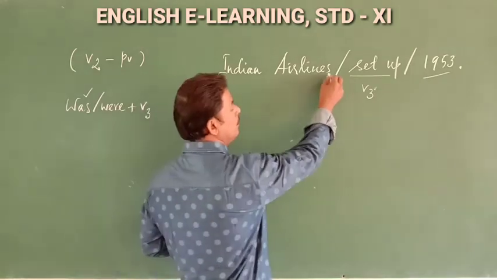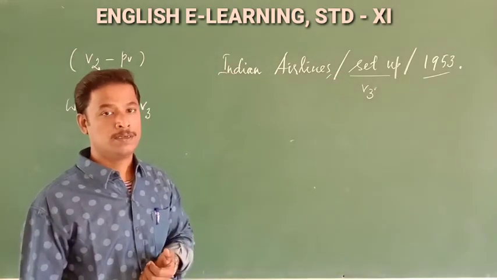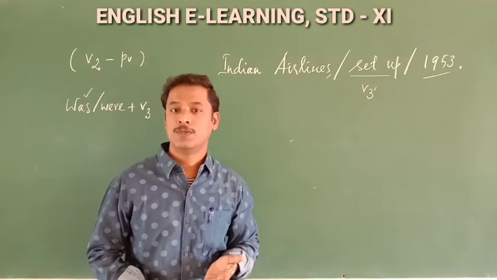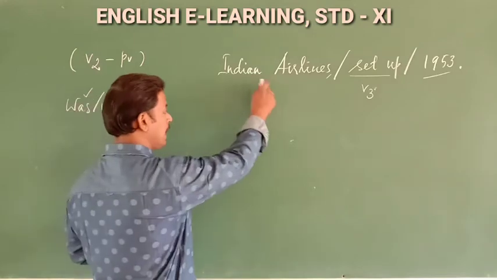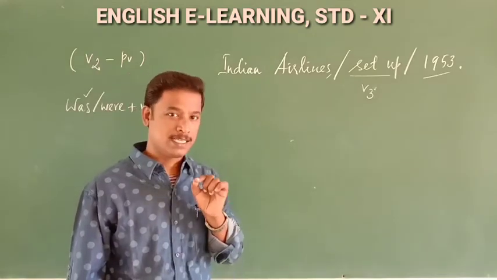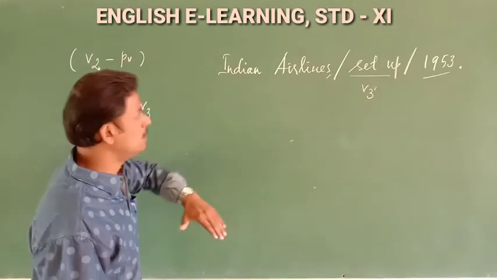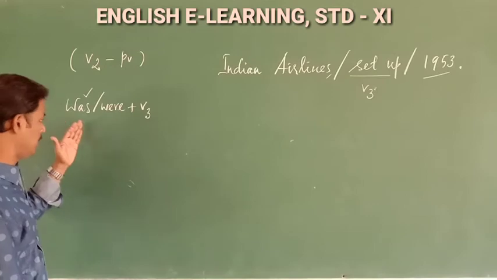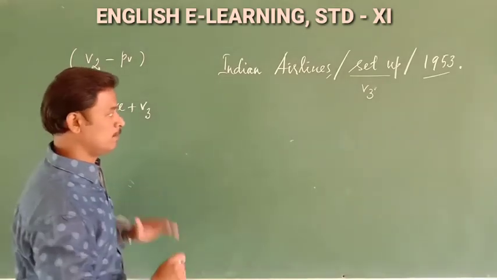Though this word appears as plural, there is no need to get confused, because Indian Airlines is a single unit and it is a single idea. So this subject should be considered as singular subject only. So we are going to select the singular be verb only.